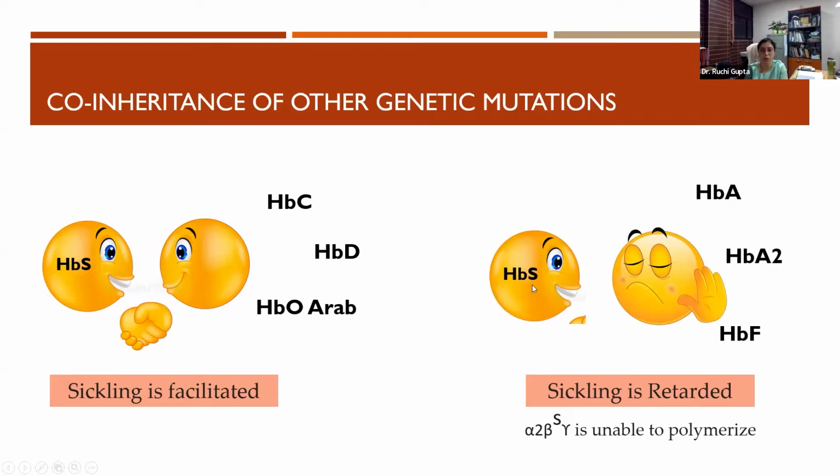And so the heterozygous sickles are usually asymptomatic. In people who have a co-inheritance of HPFH, or in states where there are mutations where the HbF levels are increased, like in the XmnI polymorphism, this sickling is retarded, and consequently the symptomatology of the patient or the incidence of vaso-occlusive crisis goes down.